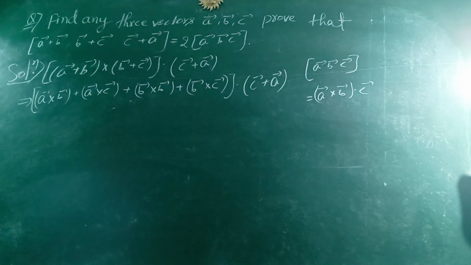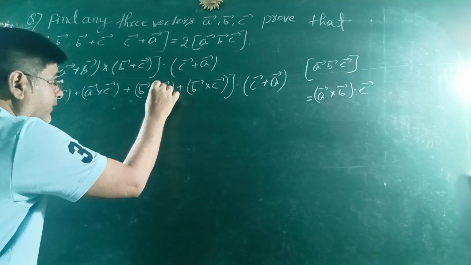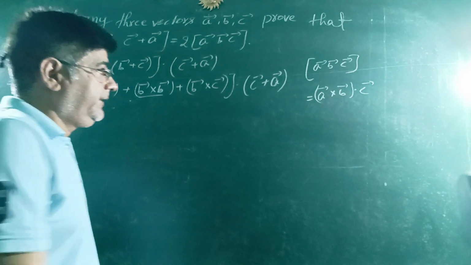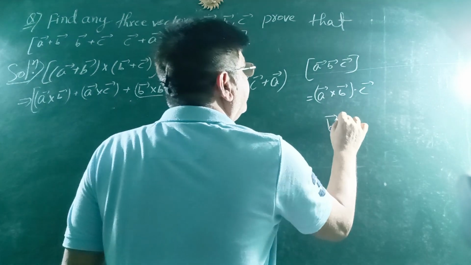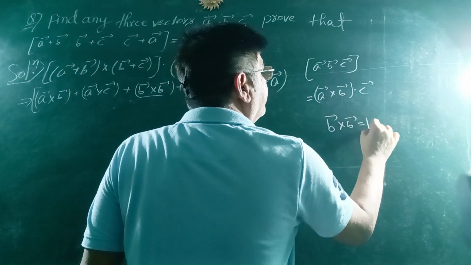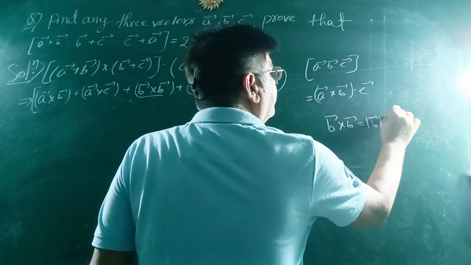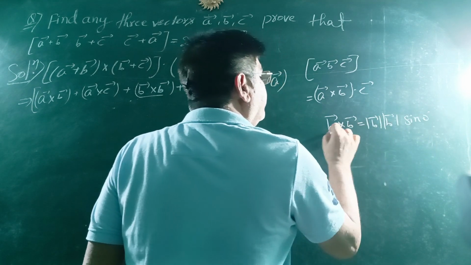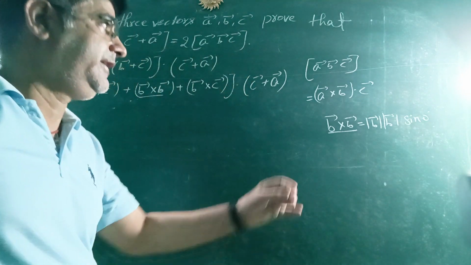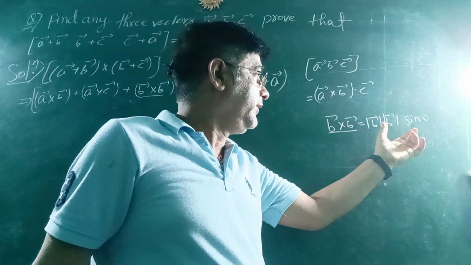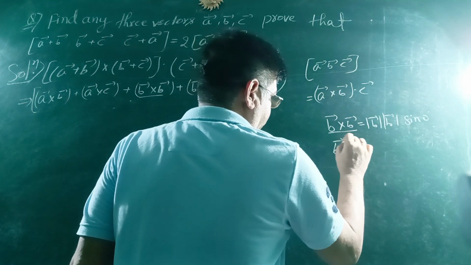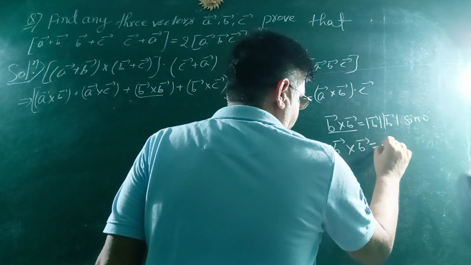Clear? After that, first of all, we know that B vector cross B vector means magnitude of B vector, magnitude of B vector and sin 0 degree, because B and B have the degree of 0. So the final result is B vector cross B vector is equal to 0.